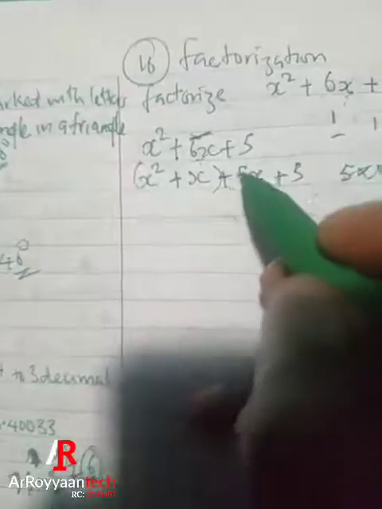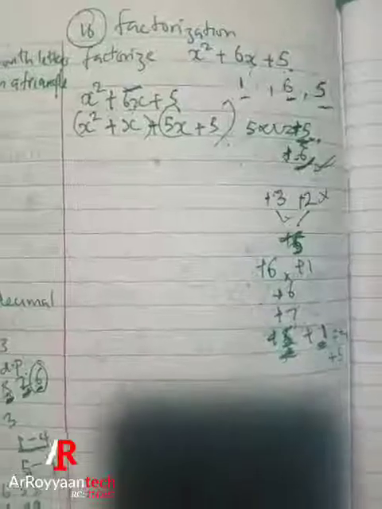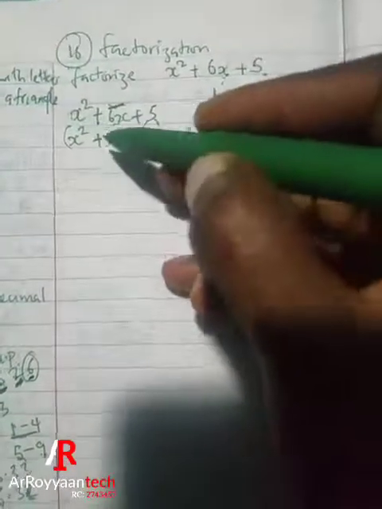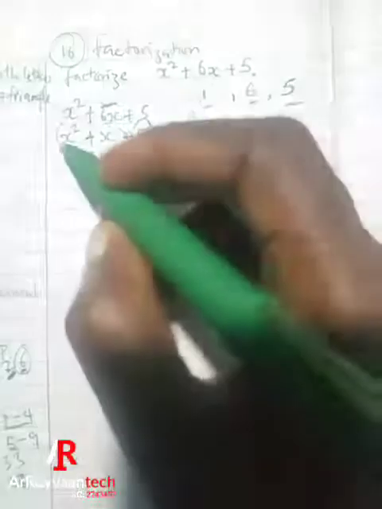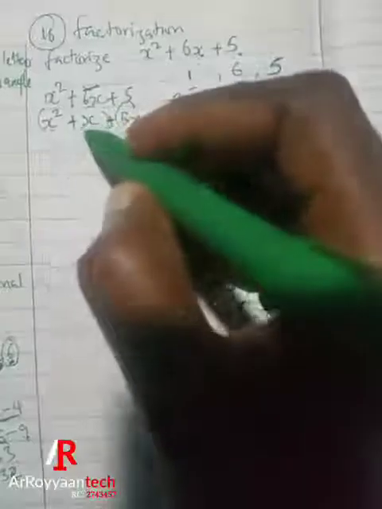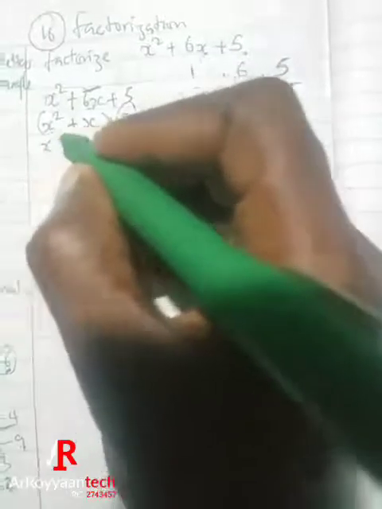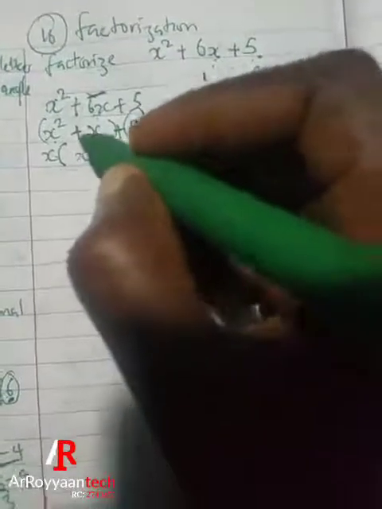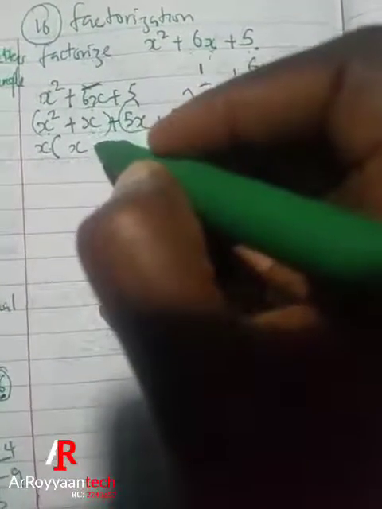The next step is to take the common factors. We have x squared plus x. What's common between the two terms? That's x. So we bring x out and open a bracket. x squared divided by x gives us a single x, and x divided by x gives us 1.